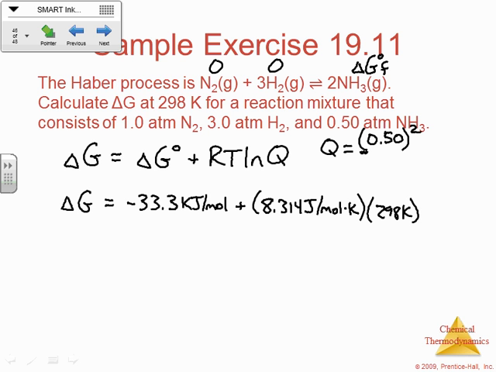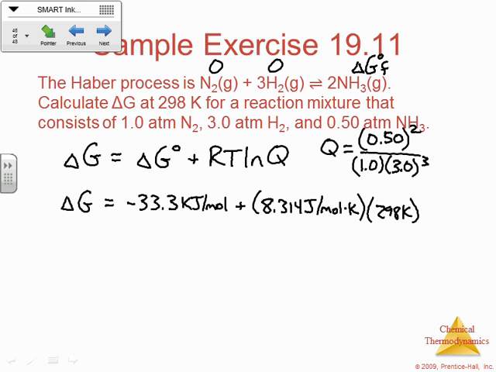squared, because there's a coefficient 2 in front of it, divided by the two reactants, which you've got N2, which is 1 atmosphere, 1.0, times H2, which is 3, and that has to be cubed, right, because there's a coefficient 3 in front of it.